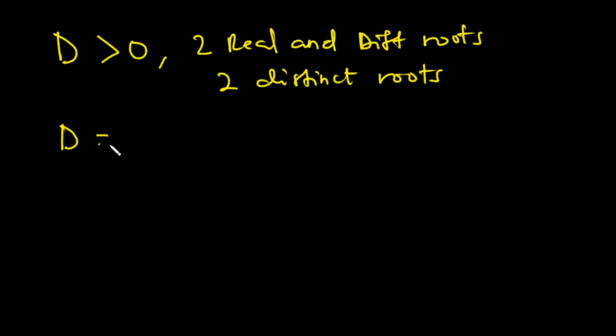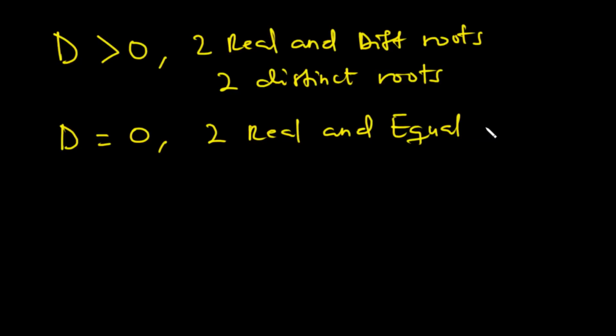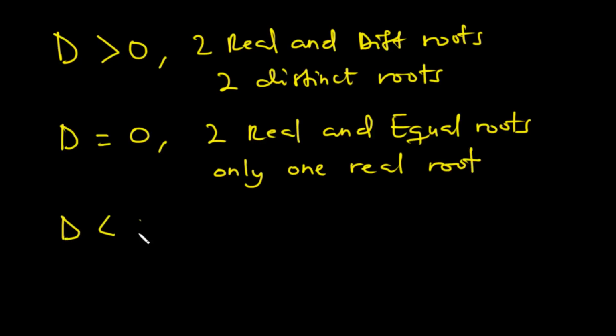And if d is equal to 0, the equation has two real and equal roots, or better still, only one real root. And if the discriminant is less than 0, the equation will have two imaginary or two complex roots.